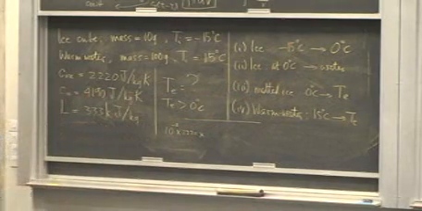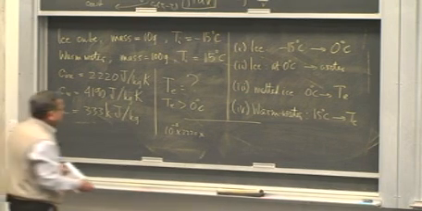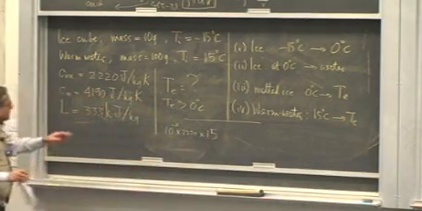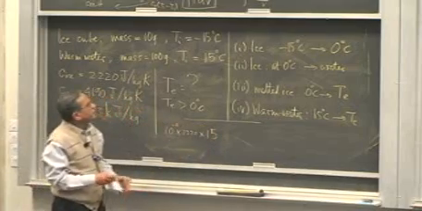And what should I write over here? Not converting into Kelvin? Which is the same. Okay? So 15 Kelvin. So this Kelvin also gets cancelled, and therefore you have only joules over here.